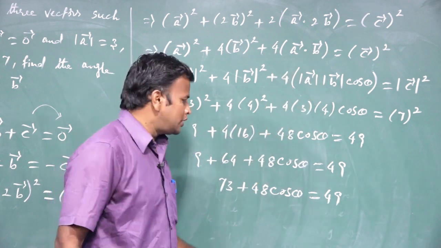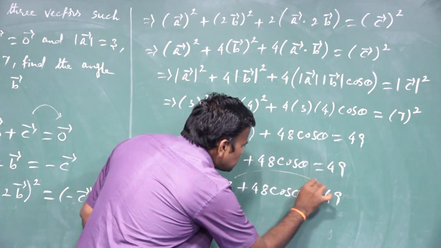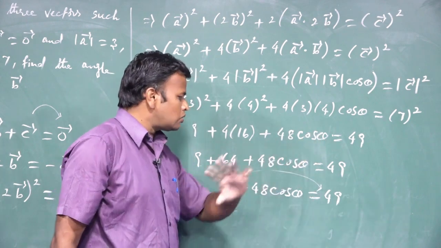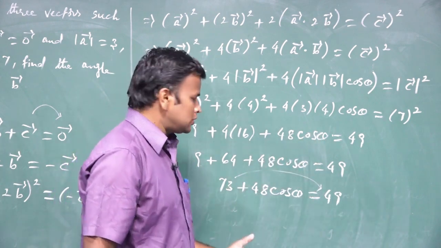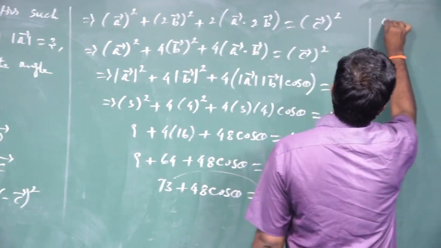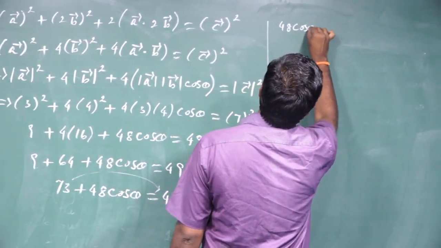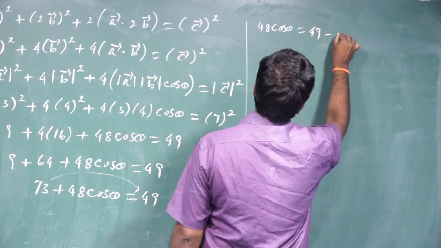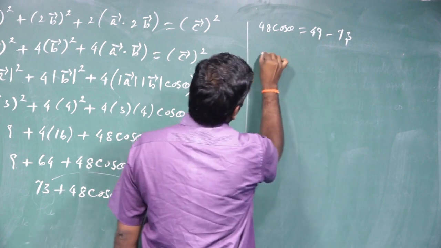and B. So the next step, we will take this plus 73 to RHS. The plus 73 goes to RHS, it becomes minus. So we write 48 cos theta is equal to, already 49 in RHS, minus 73.